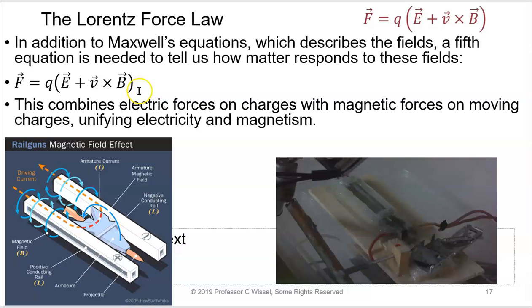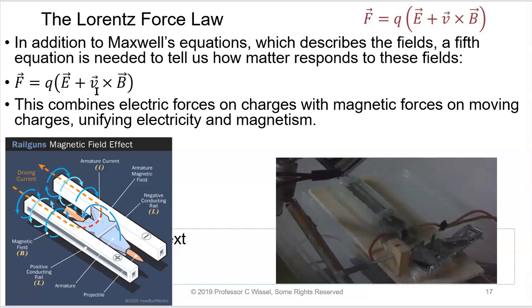Force is equal to Q times the quantity E plus V cross B. So this is the electric force on a charged particle. This times Q is the force on a moving charged particle from the magnetic field. So again, this combines the electric forces with the magnetic forces on moving charges.